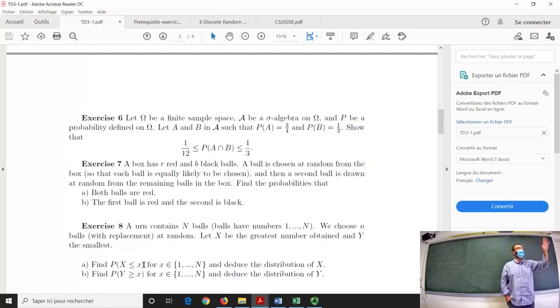So if you show me a little picture of a particular situation, if you are able to prove this, nice, but know what I want. I want the result in its full generality, that is without any kind of hypothesis on A and B. The only thing you know is that P of A is equal to 3 over 4, P of B is equal to 1 over 3. That's all. Okay?